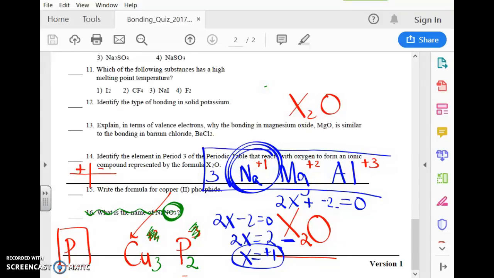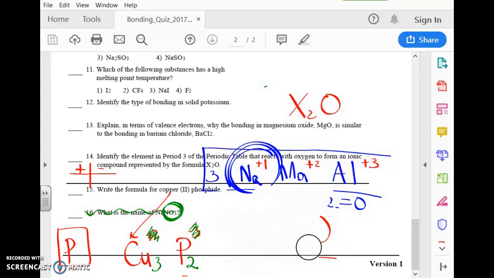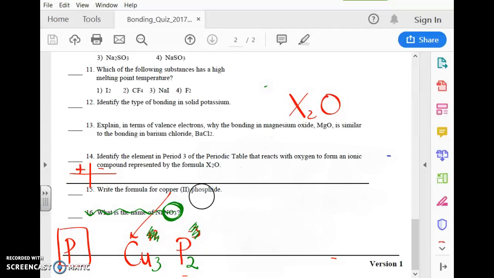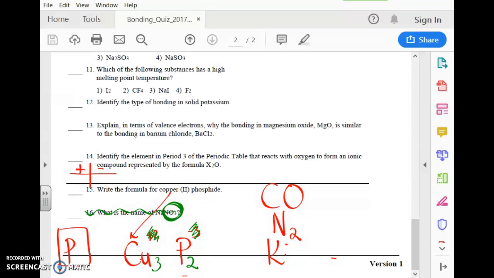What I do want to remind you guys is on the quiz, we're also going to have questions about nonpolar and polar covalent, and also which is the most polar, which is the most ionic. So, for example, if I were to ask you, which of these compounds, we'll say CO, N2, and we'll have, let's say, KI.